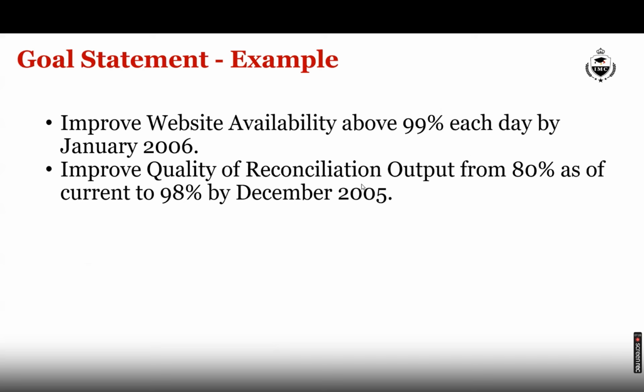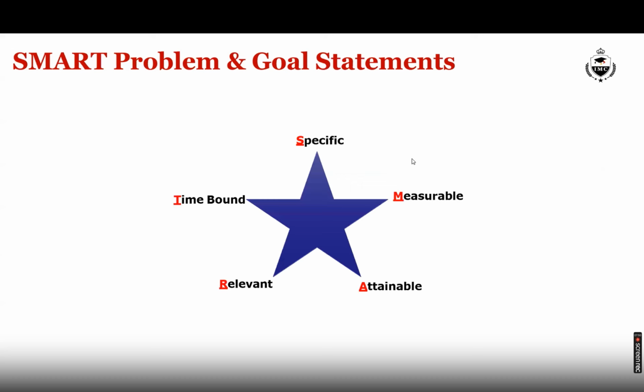Some examples of goal statement: improve website availability above 99% each day by January 2006. Improve quality of reconciliation output from 80% as of current to 98%. 98% here is the CTQ, by December 2005. Whether you define a problem statement and more so a goal statement, it should be SMART.